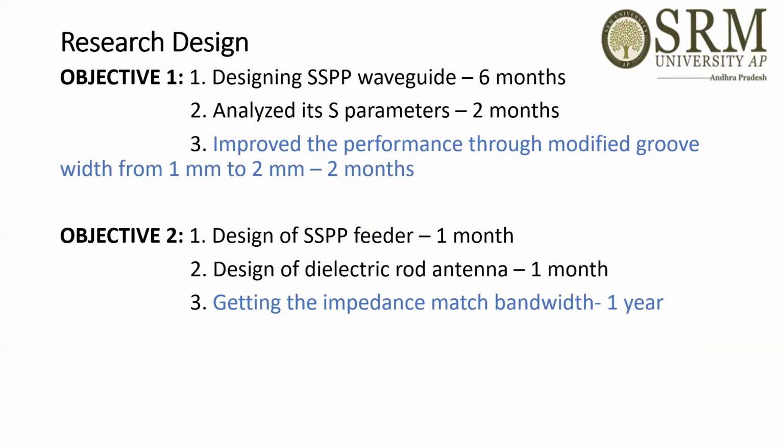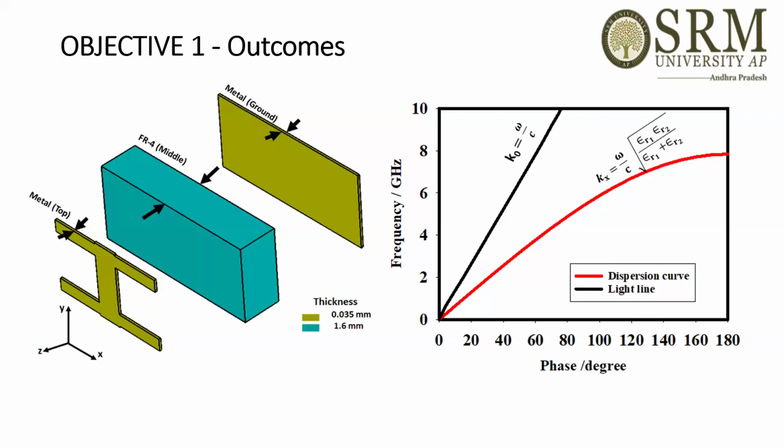Your results of this objective one. Yeah, hold it here for the time being. So you said that this red curve is the wave vector of the surface plasmon mode for this H-shaped geometry. No, sir. It is the wave vector of the spoof surface plasmon polariton modes.